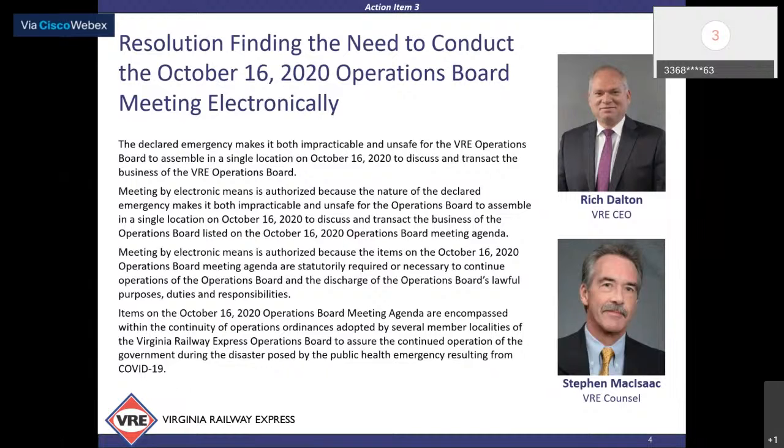Mr. Chair, the VRE Operations Board finds that meeting by electronic means is authorized because the nature of the current declared emergency makes it both impractical and unsafe for the Operations Board to assemble in a single location, and the items on today's agenda are statutorily required or necessary to continue operations and the discharge of the Operations Board's lawful duties, and are encompassed within the continuity of operations ordinances adopted by several member localities of the VRE to assure continued operation during the disaster posed by the public health emergency resulting from COVID-19.